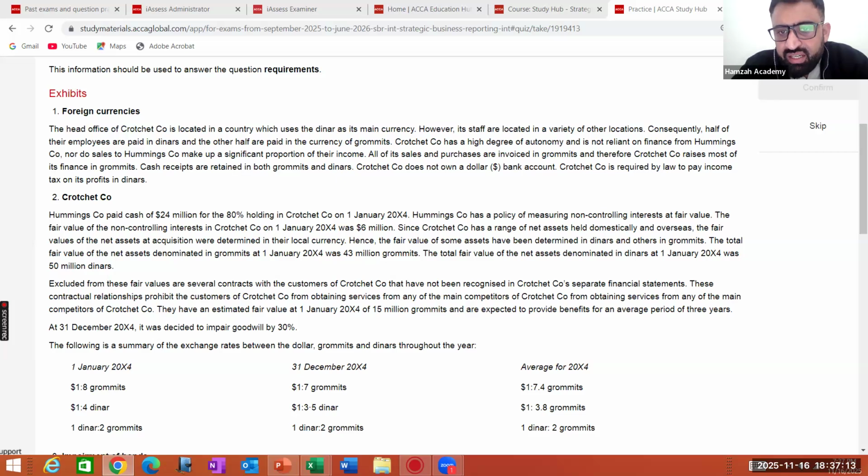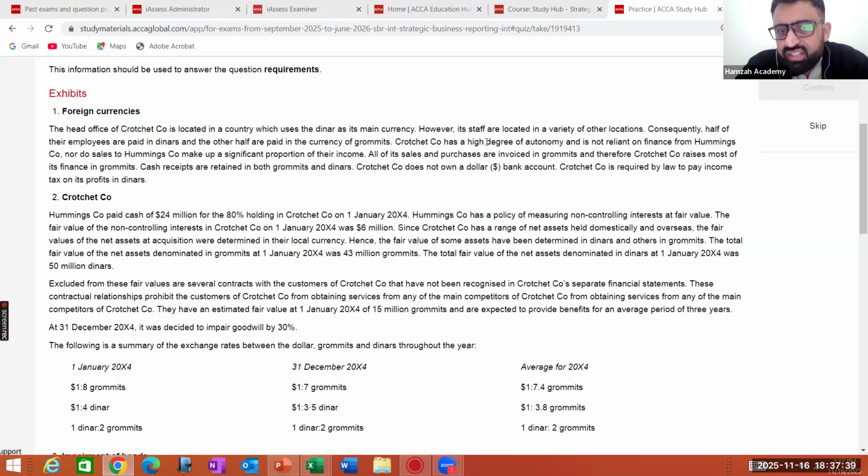C company has a high degree of autonomy and is not reliant on finance from H company, Hummings Co, nor do sales to Hummings Co make up a significant proportion of their income.